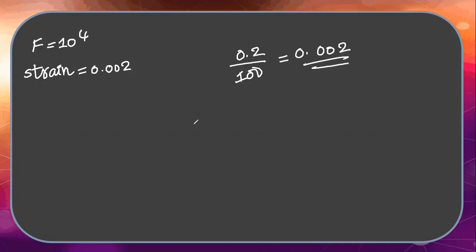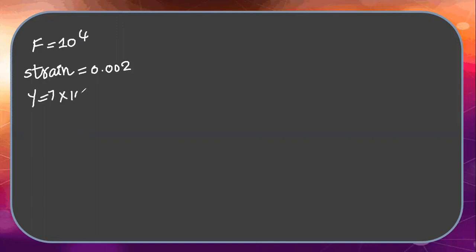Okay, strain is equal to 0.002. Then Young's modulus Y is given as 7 into 10 power 9. What do we have to calculate? Then area is to be calculated.